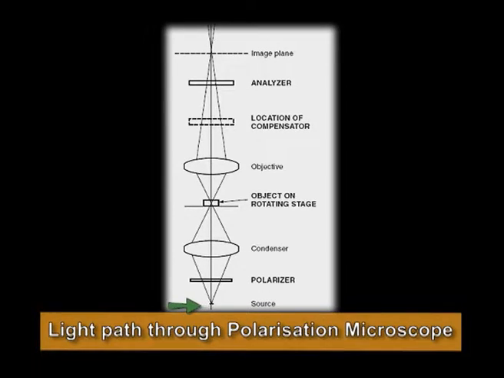Now, what is done in such a microscope is that, as you see in the figure, light passes from the source, then passes through a polarizer, which is a ground glass having multiple coatings, which leads to polarization of light.